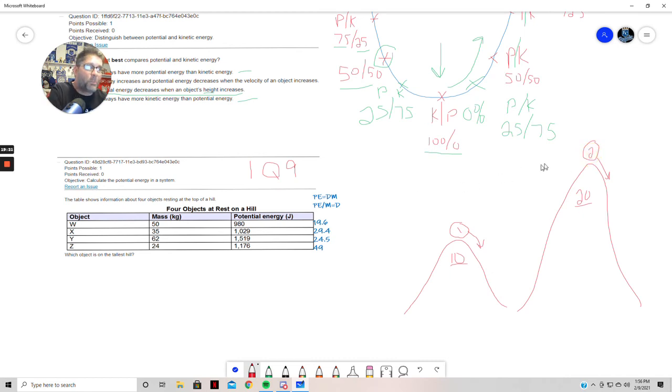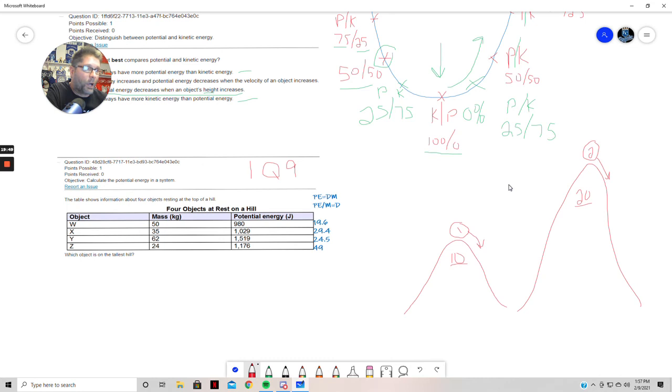In other words, it'd be going slower at the bottom and all that stuff. And we know that, and you can imagine based on the diagram, that just could not be true. If these balls are the same and only the distance is different, this ball is going to be rolling much faster when it gets to the bottom of the hill than this ball, simply because it has further to go for gravity to pull on longer to speed it up.